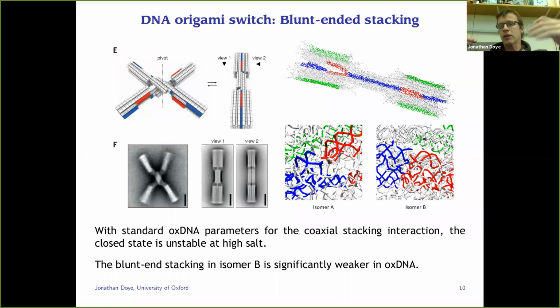You need a fluctuation to a point where they can come together and they can find that binding and stay there. So we've not tried to do that exercise because we don't believe we'd get the right free energy anyway. But if one could measure that free energy and use that to parameterize our coaxial stacking interaction, that might be a useful thing to do.